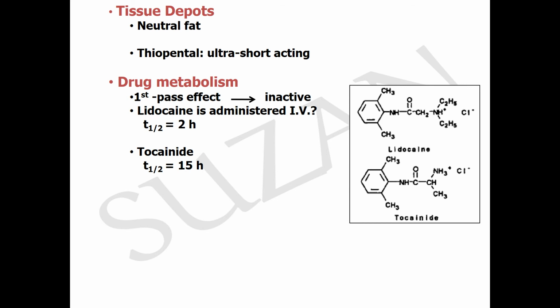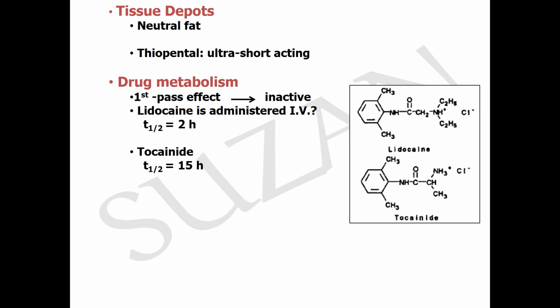And by this, the effective concentration is only present when the drug first crosses the blood-brain barrier and enters the brain, where it will be present in high concentration to produce the pharmacological effect, which is anesthesia.